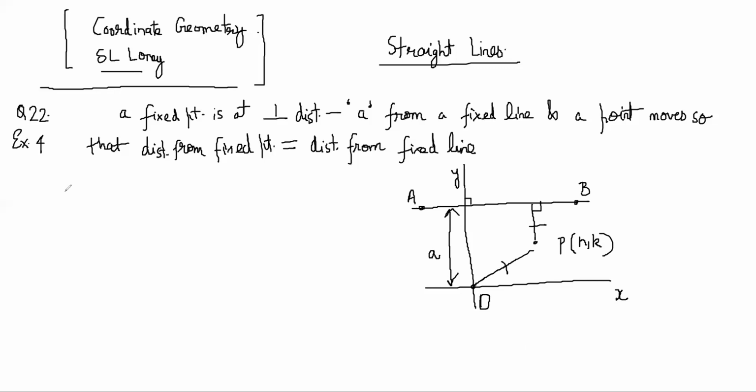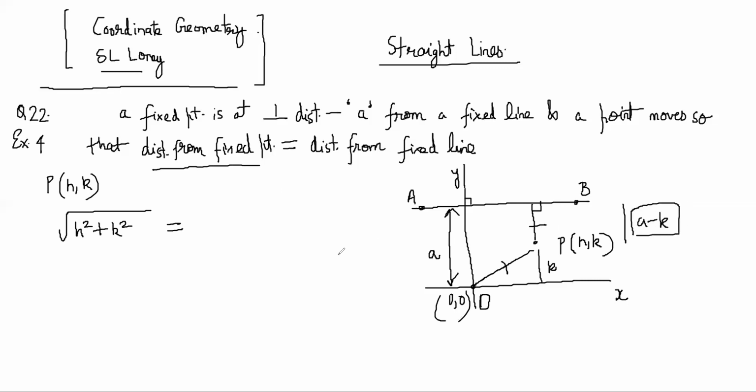So the variable point is P(h, k). Its distance from the fixed point is root over h square plus k square, as my fixed point is (0, 0). And the distance of P(h, k) from this line: the total was A, and this much is k, so this distance is A minus k.